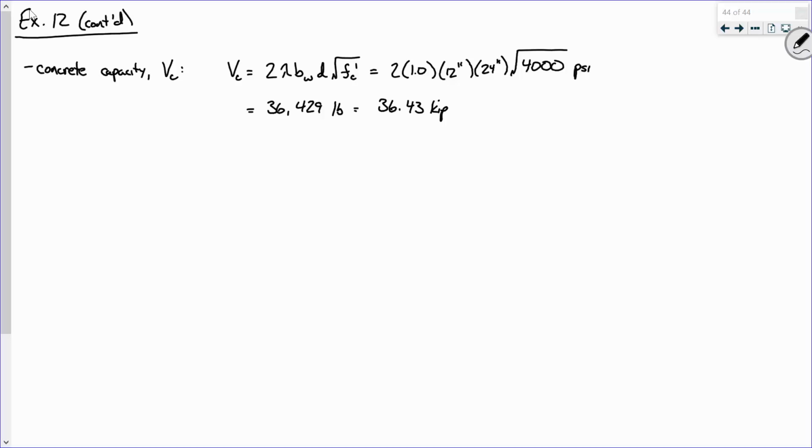Now, what's phi? What's our phi value? 0.75. So what is phi VC? Well, it's 0.75 times 36.43. And what does that come out to be? 27.32. Do I have a second on that?